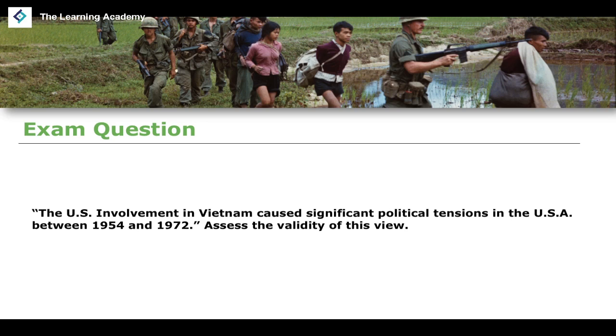And you can make the argument, if you wanted to, that these cause more significant political tensions than involvement in Vietnam. And that's okay, you can spend time doing that, but it's important that you spend time talking about the impact of the Vietnam War and the impact of the Vietnam War on political tensions in the United States.